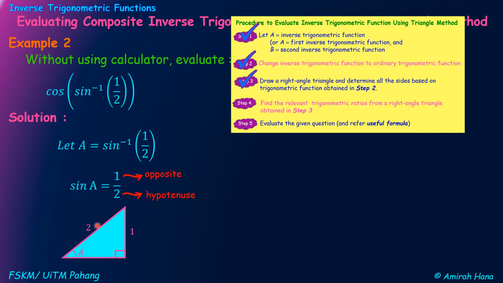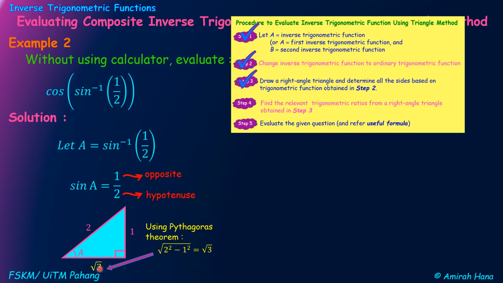Then we need to find the other side using Pythagoras theorem. We take the longest one, which is 2, so 2 squared minus 1 squared, square root. After we simplify, we get square root of 3, so we can put it here.